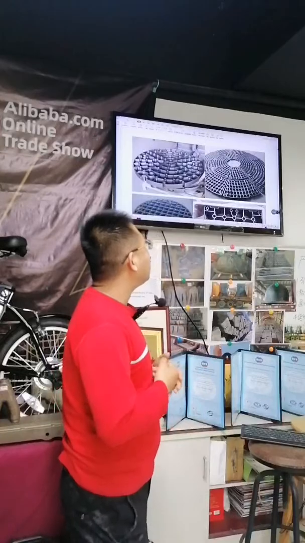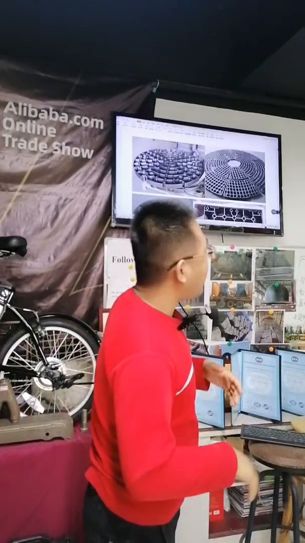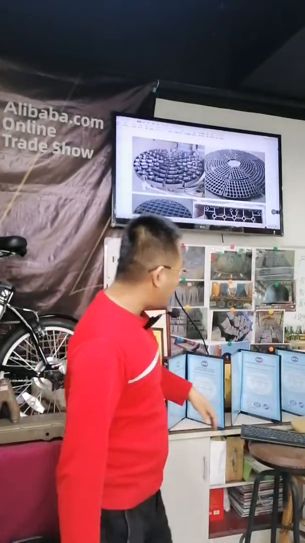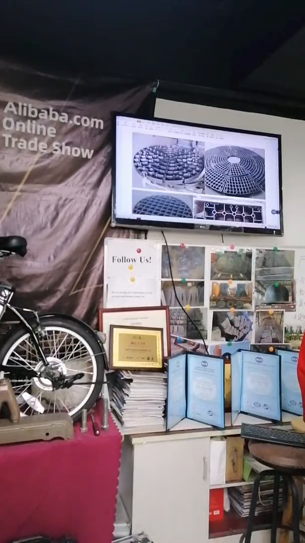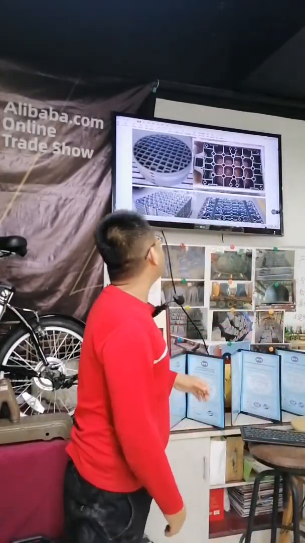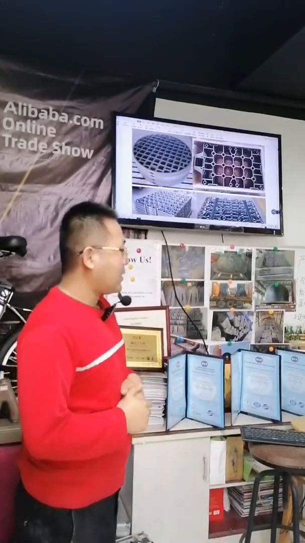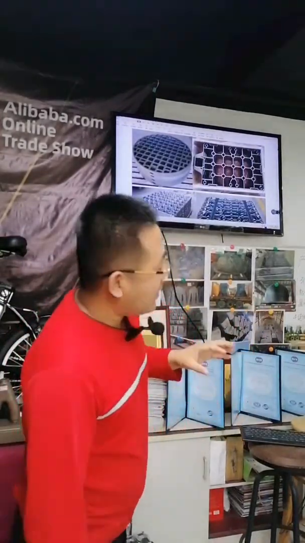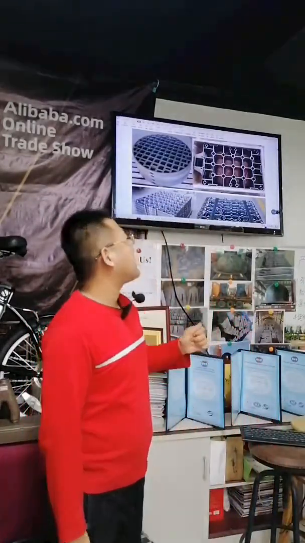We can buy bolts already, and another way to assemble them, and another tray like this. This is small size, and the size is only 600 millimeters, and the height is about 30 millimeters.